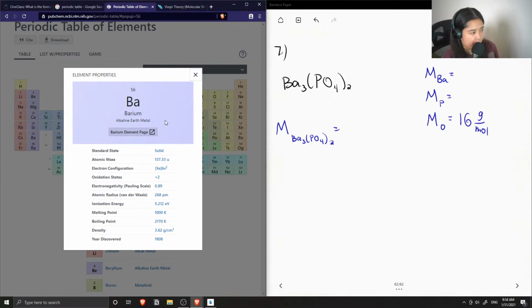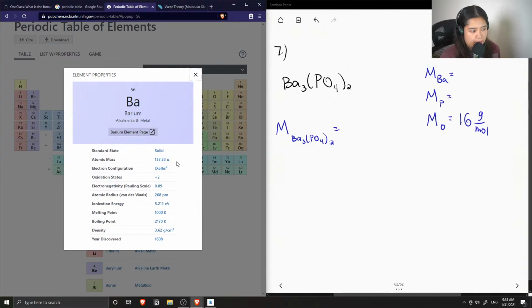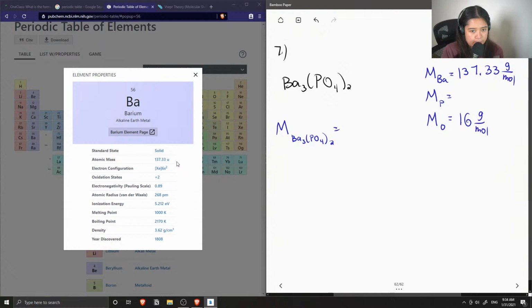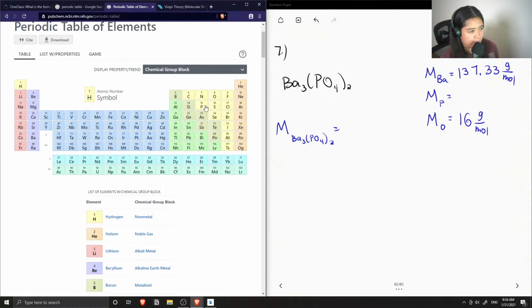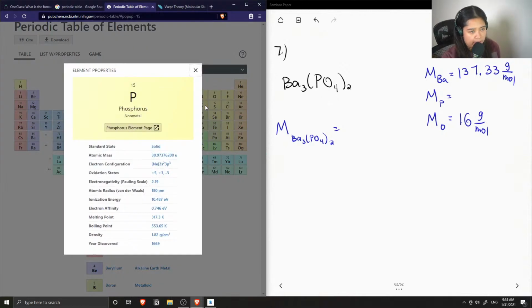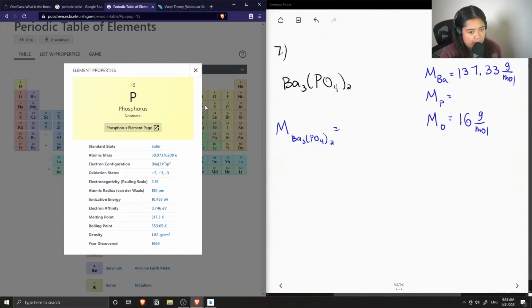So this is barium, it's an alkaline earth metal, and its atomic mass, they have it in units of AMU, but this is equivalent to its molar mass, so we can just say 137.33 grams per mole. And now let's find phosphorus on the periodic table. And its atomic mass is 30.97 grams per mole.